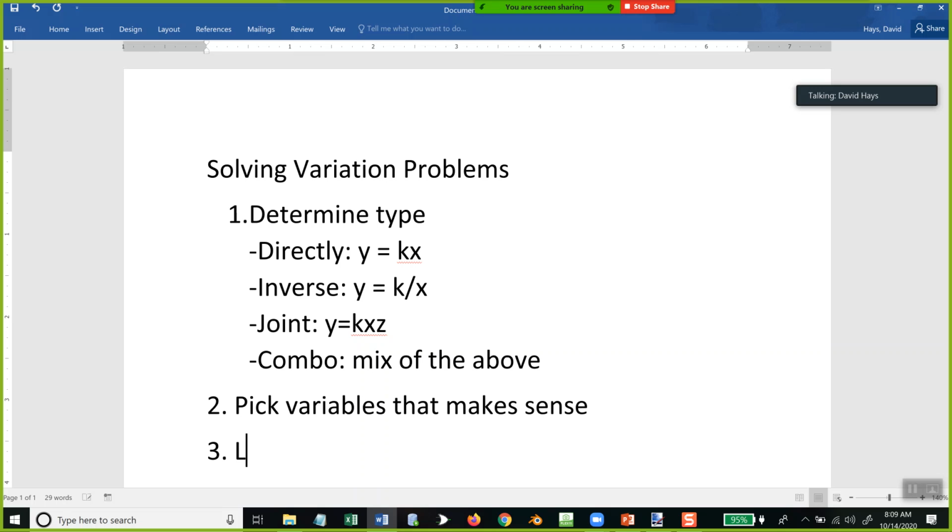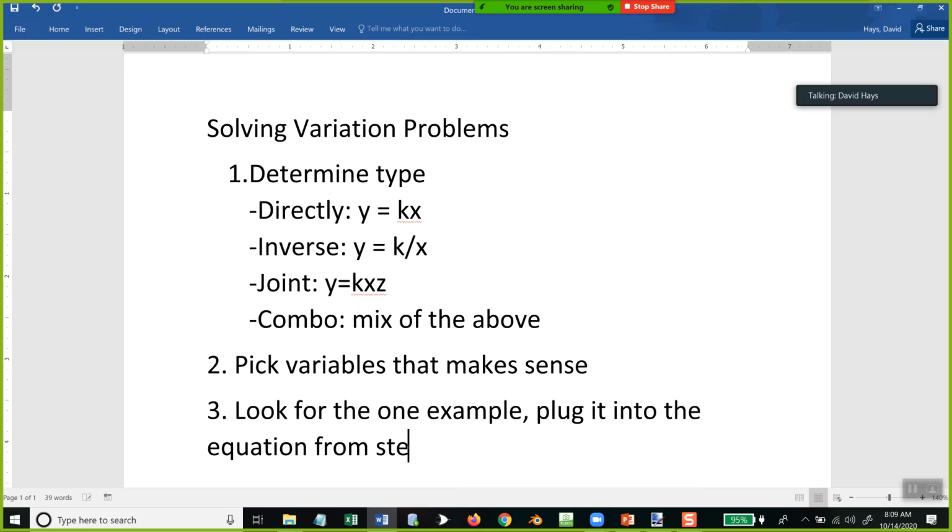Step 3, look for the one example. Plug it into the equation from step 2 and solve for k.